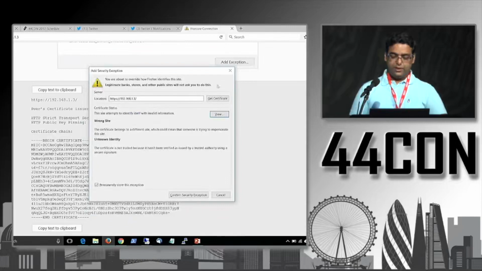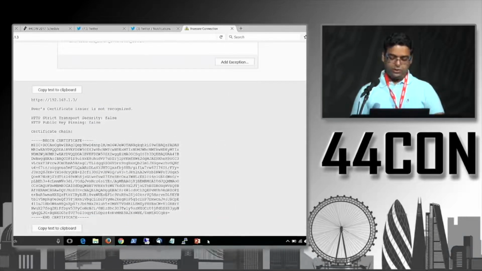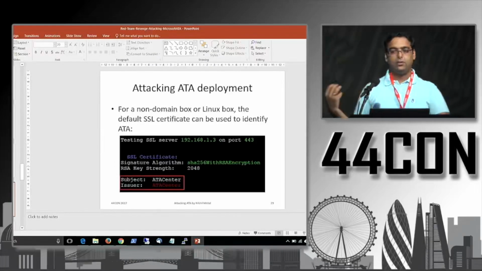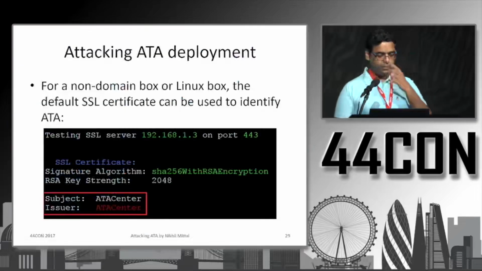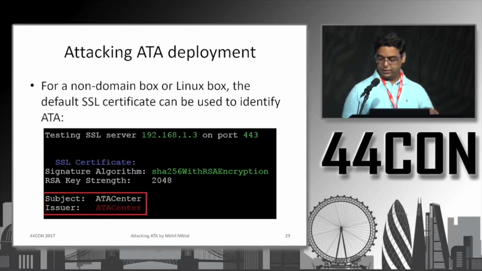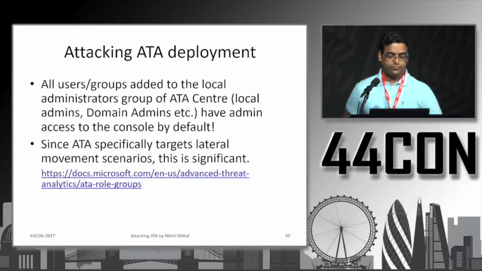I have not seen a single installation in an enterprise which changes this. Internal or self-signed certificates are used all the time in enterprises. So this simply allows us to enumerate if there is any ATA deployment in the target environment.